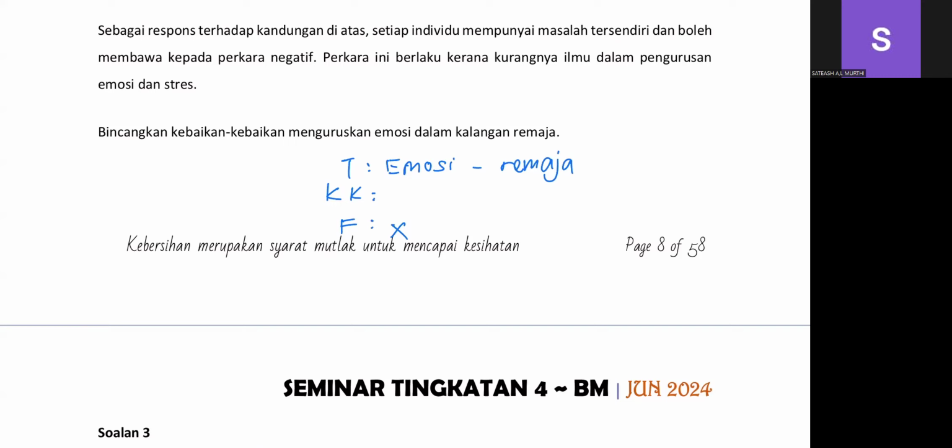No, it's not. It's kebaikan, it's benefit. Yeah, kebaikan. This is the benefit. Never mind. Try it. Okay. What is the benefit do you think if they manage their emotions well? What are the benefits?